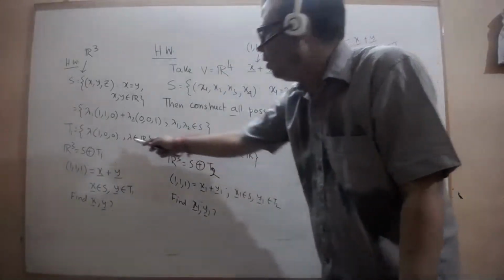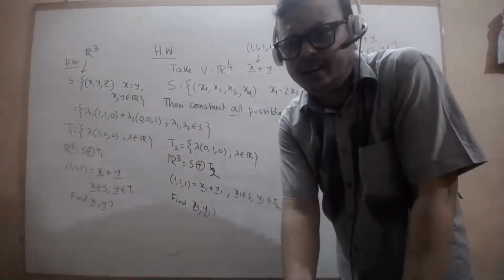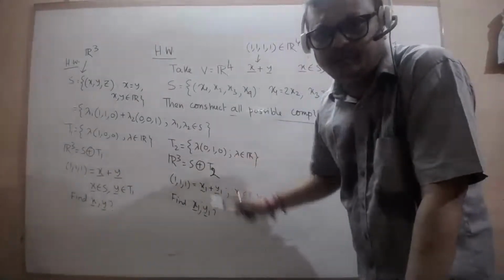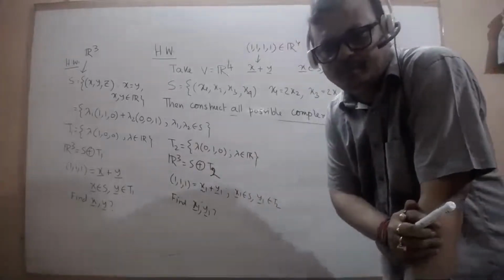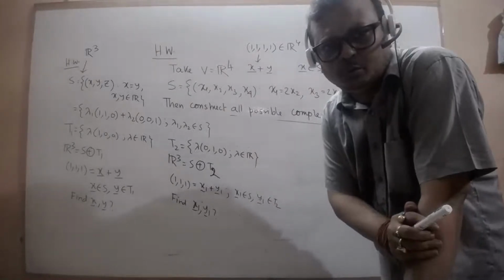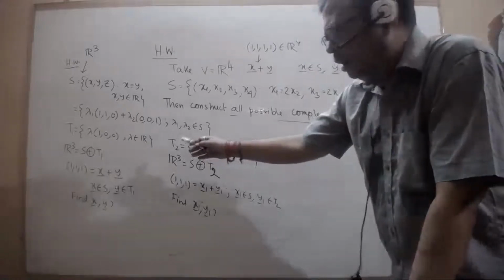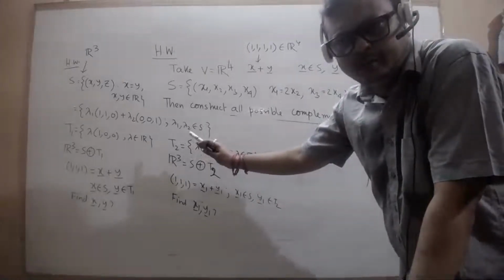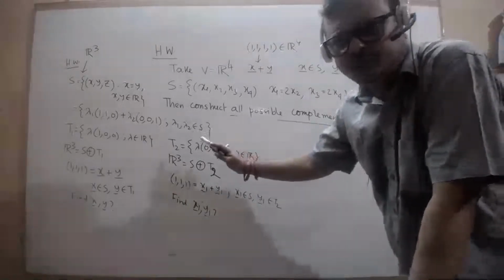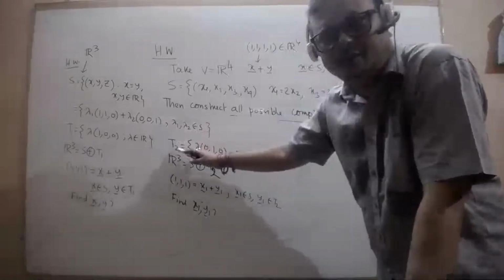These are not the same things. You can check. T1 and T2 are not the same things. Subhajit, are you there? Please tell me, do you agree with me or not? See that T1, T2 are not the same.